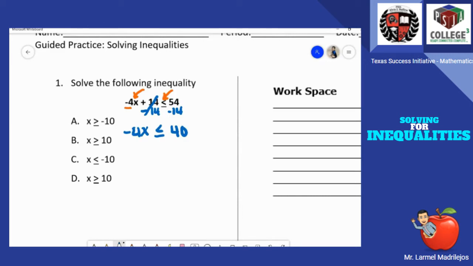Negative 4x is the same as negative 4 times x. What I need to do here to isolate is to divide by negative 4 on both sides of the equation. Negative 4 divided by negative 4 is 1, gives x here. Negative 40 divided by negative 4 is negative 10.